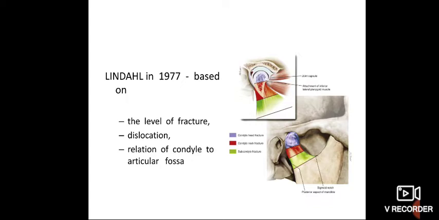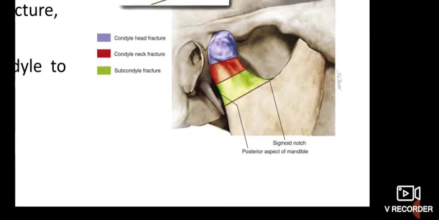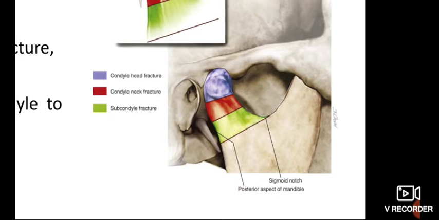The first is the level of the fracture. Condylar head fractures are the ones denoted in the blue area, intracapsular, till here the capsule is going to cover. Then condylar neck fractures, exactly the neck of the condyle between the condyle and the ramus unit.